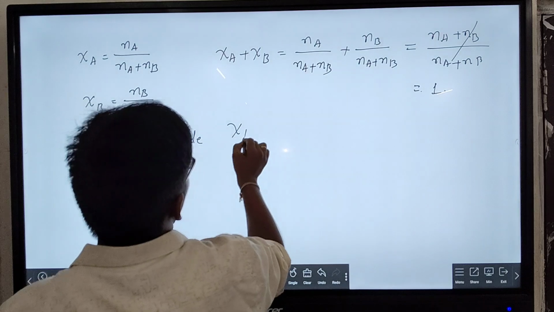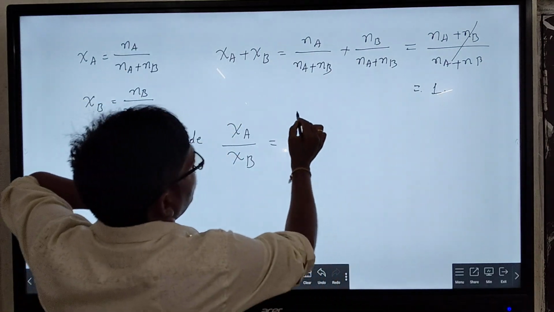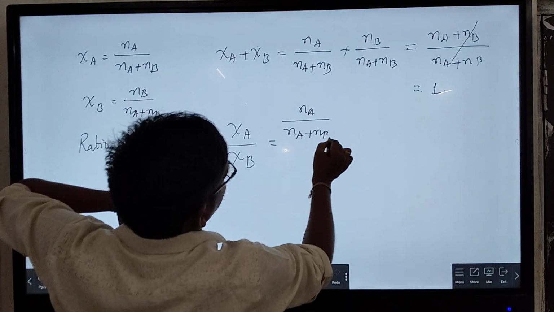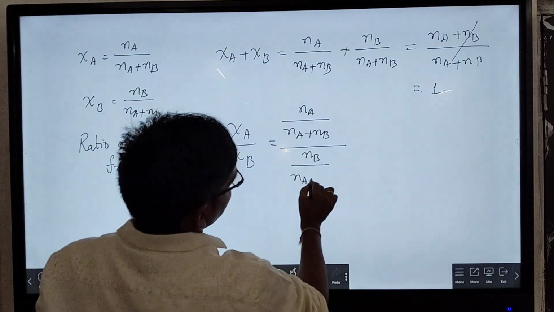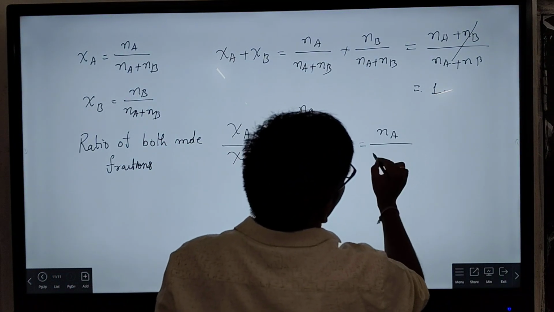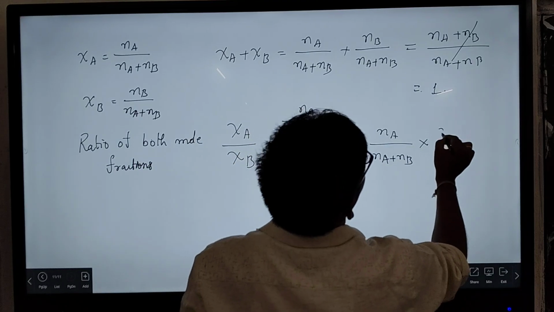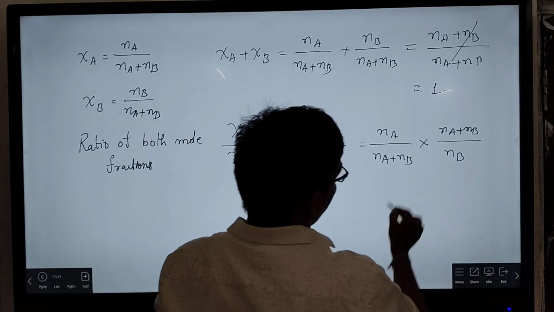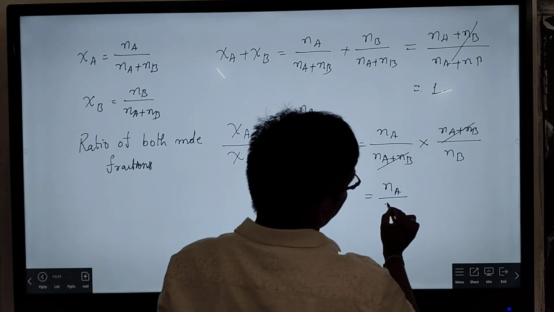Mole fraction of A divided by mole fraction of B. Mole fraction of A is the number of moles of A divided by the number of moles of A plus the number of moles of B, divided by the number of moles of B divided by the number of moles of A plus the number of moles of B. Then both will cancel with each other, and you get the number of moles of A divided by the number of moles of B.